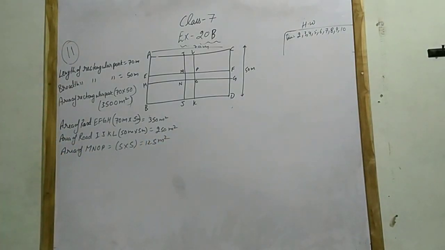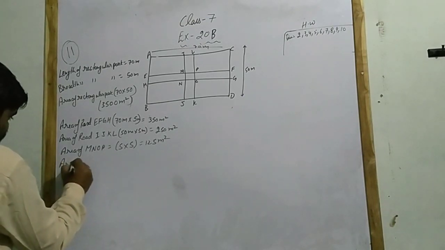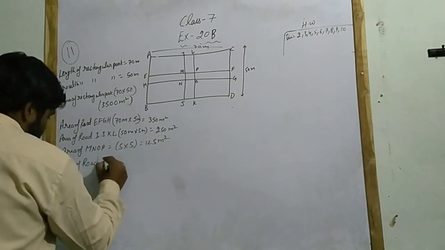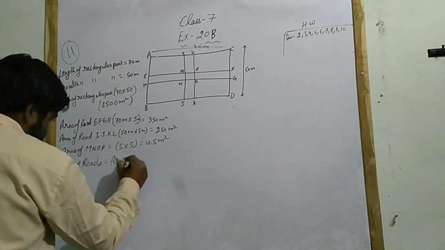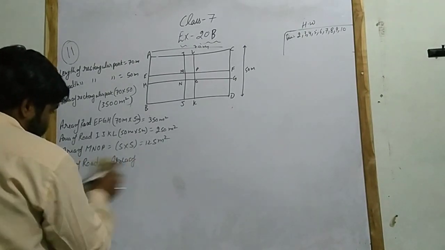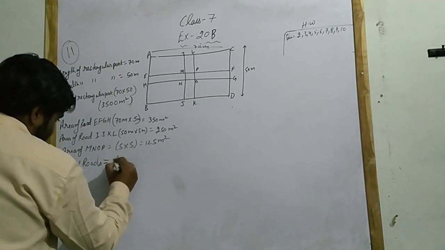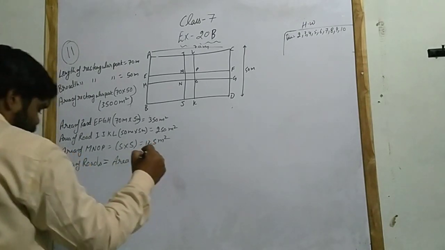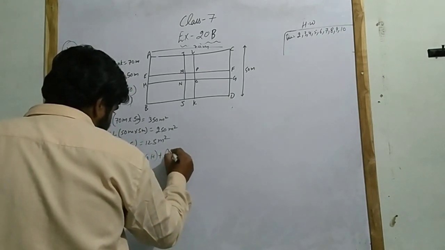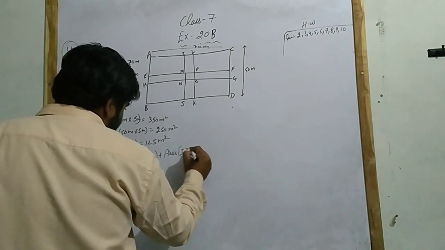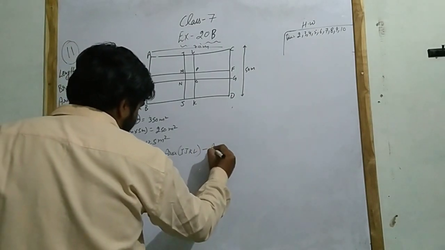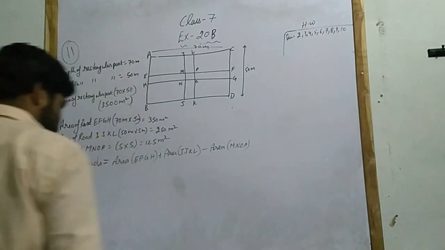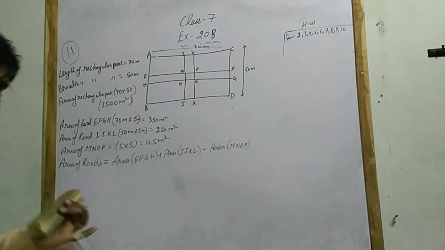After that, total area of roads equals area EFGH plus area IJKL minus area MNOP.